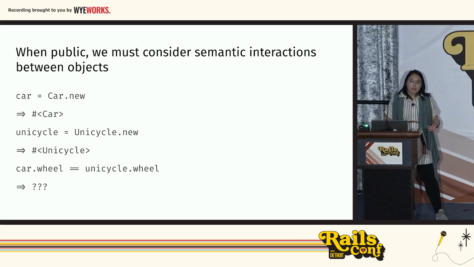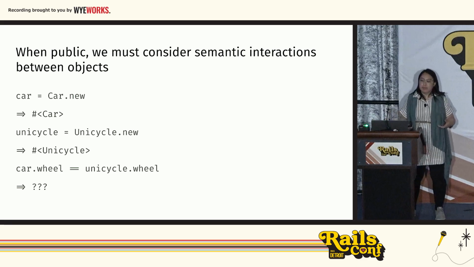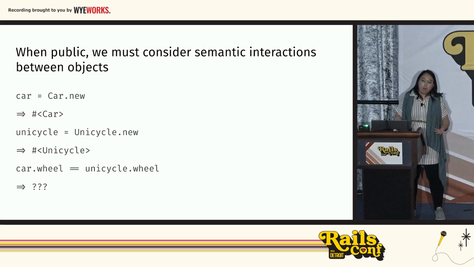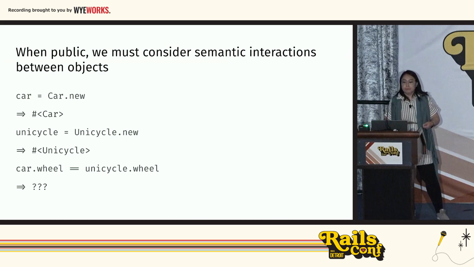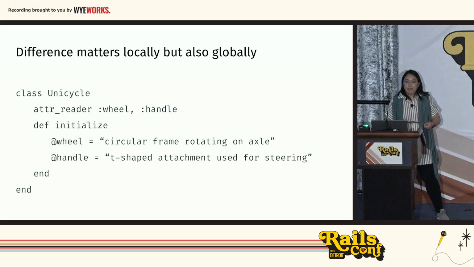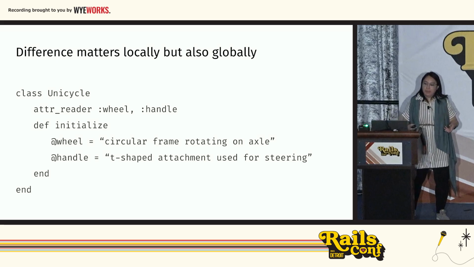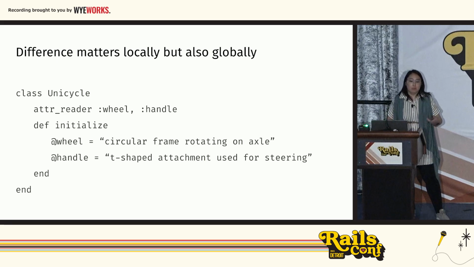And unlike art, we can't easily see what's inside the frame. We can't know if wheel signifies the same concept without looking inside of the unicycle class. In this case, the unicycle's wheel is more similar to the car's tires and the handle to the car's wheel.